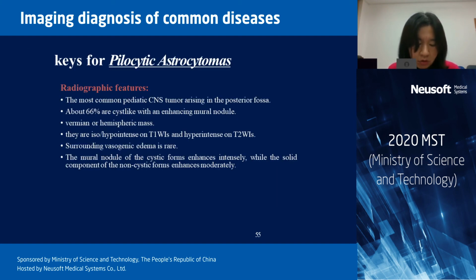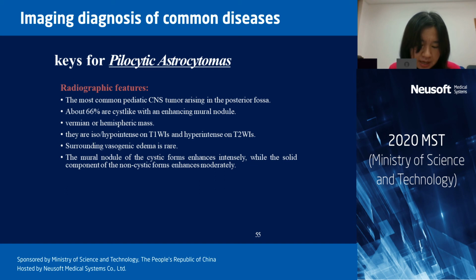Keys for pilocytic astrocytoma. The most common pediatric CNS tumor arising in the posterior fossa. About 66% are cyst-like with an enhancing mural nodule, cerebellar hemisphere mass.